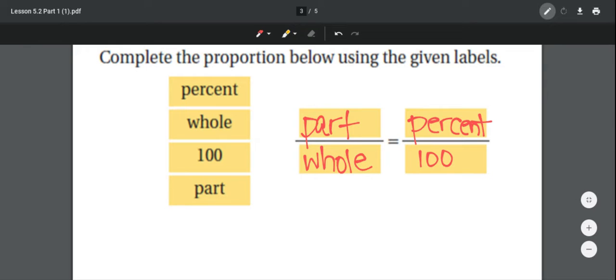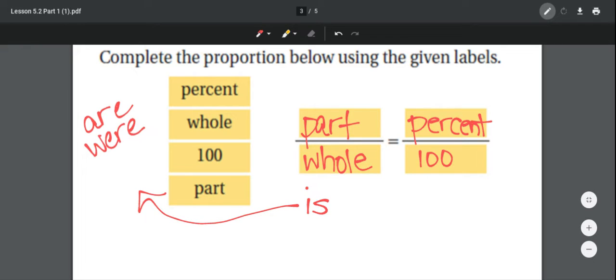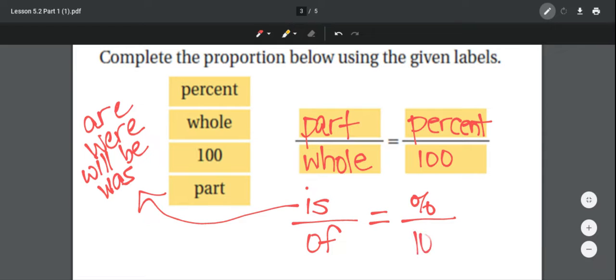And that is the word is in a word problem, or is could sometimes also be are, were, will be, was, over of is equal to percent over 100.